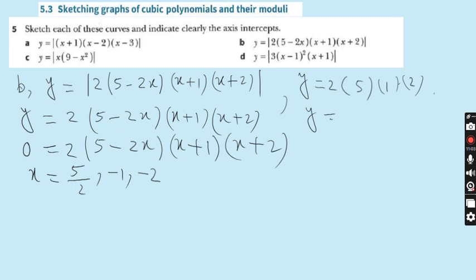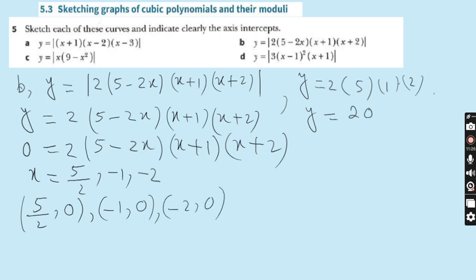So y equals 2 5s are 10 and 10 2s are 20. Hence the axis intercepts are 5 upon 2 comma 0, or you can write 2.5 comma 0, minus 1 comma 0, and minus 2 comma 0.